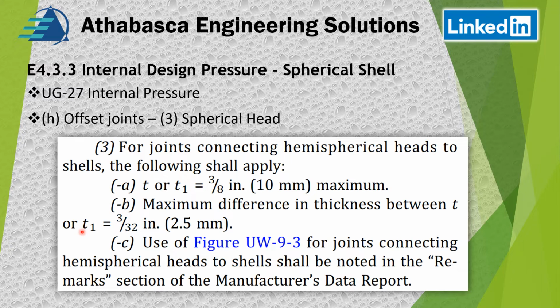And the maximum difference in thickness between T and the other is 2.5 millimeters. We use figure UW-9-3 for joints connecting hemispherical heads to shells, and this shall be noted on the manufacturer's test report, which I guess is standard.